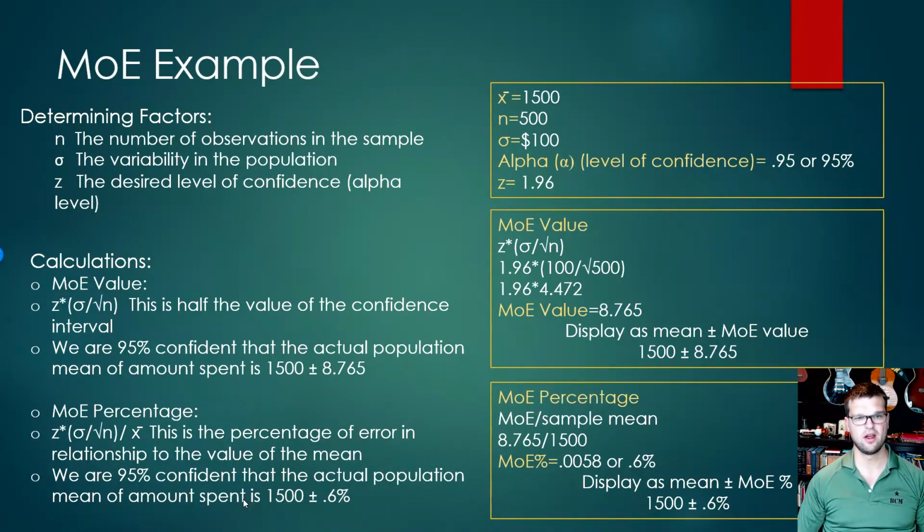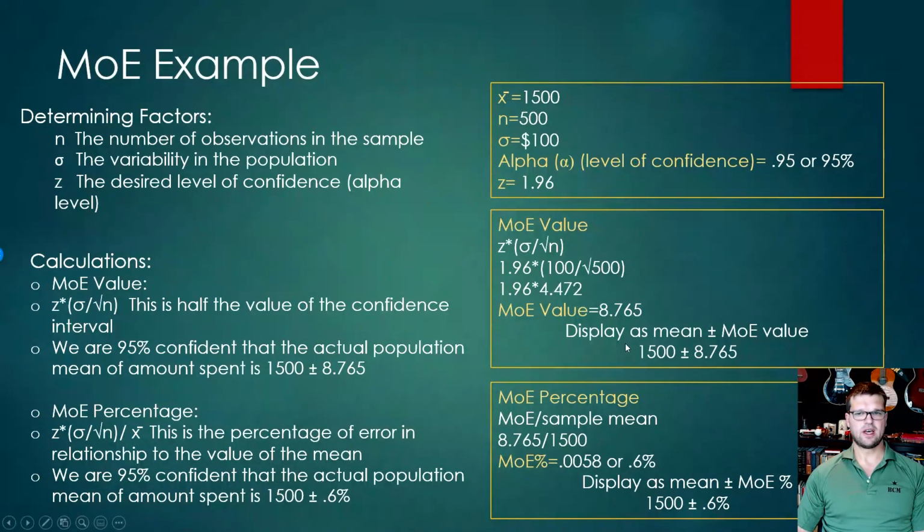We are 95% confident that the actual population mean of the amount spent is 1500 plus or minus 0.6%. You will see this all the time, especially with election results: these are the points, plus or minus 6%. That means we know it's correct, plus or minus this amount of error. In other words, we could be off by that much.